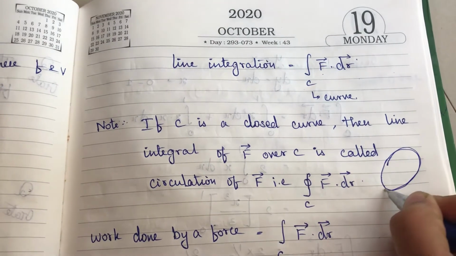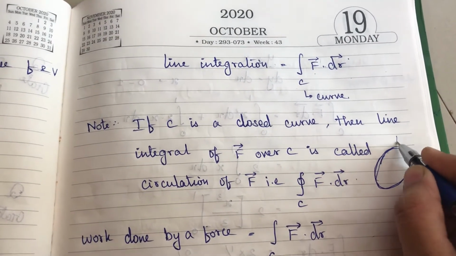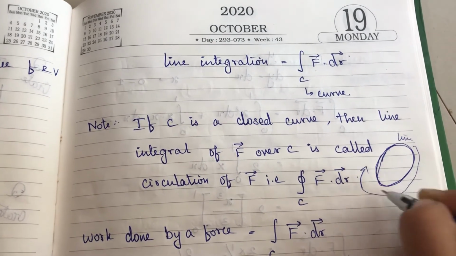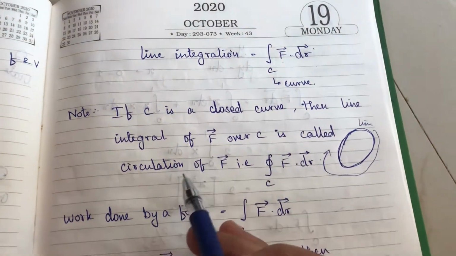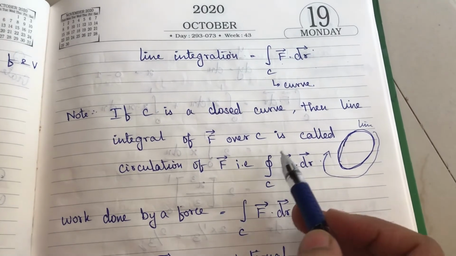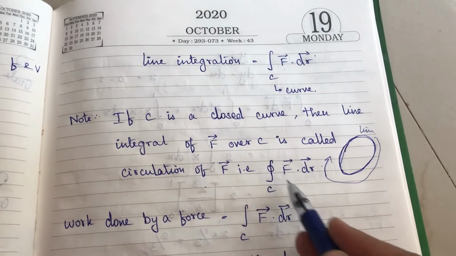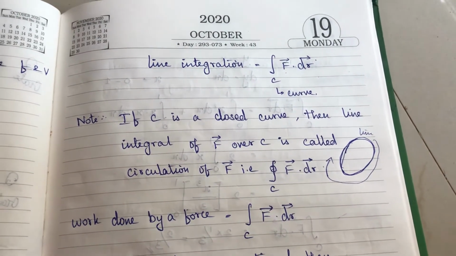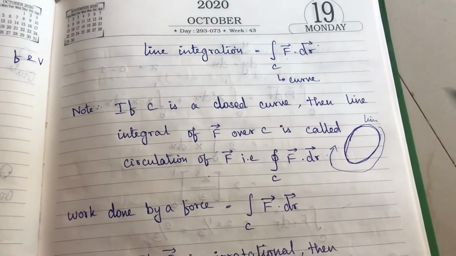You can see here this is a closed curve, so the line integration along these curves will be a circulation, a circular one, right? That is what they are saying. You need to put a circle like this on the integral sign. So this is a circulation, a circular integral. That's it, there is nothing different here. The integration will be in a circular order.